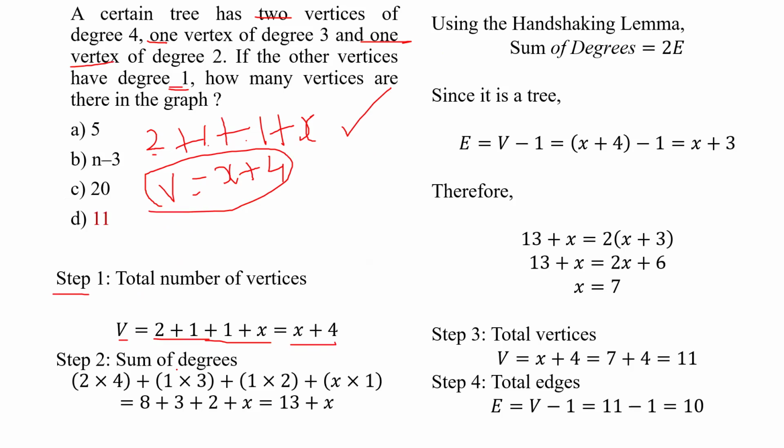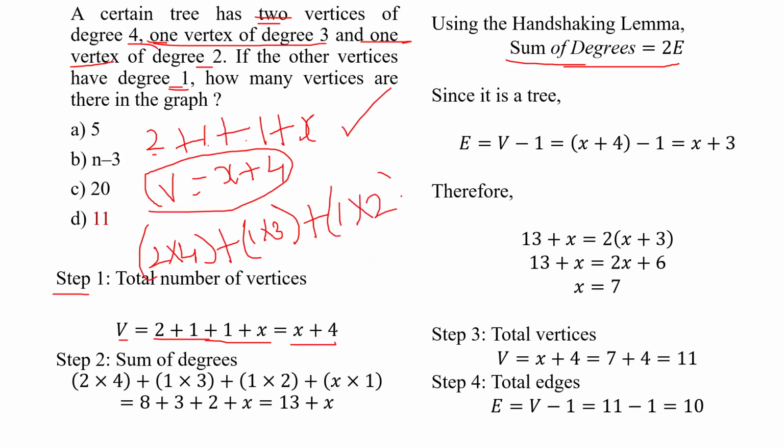Now the sum of degrees we need to find out. The formula we know: sum of degrees equals 2e by the Handshaking lemma. Sum of degrees is 2 into 4, plus 1 into 3, plus 1 into 2, plus x into 1.